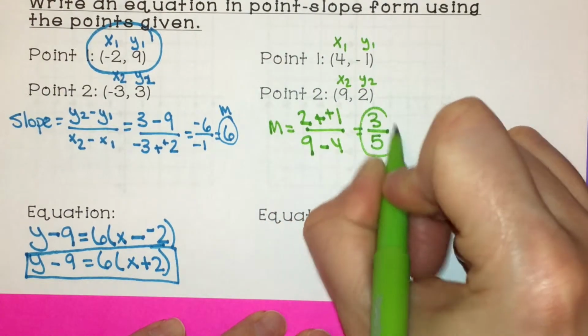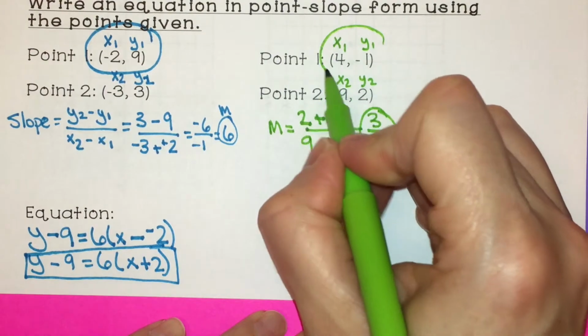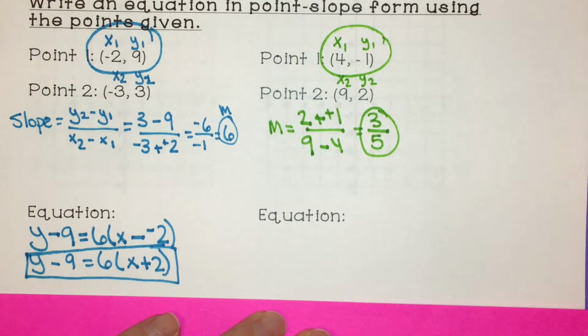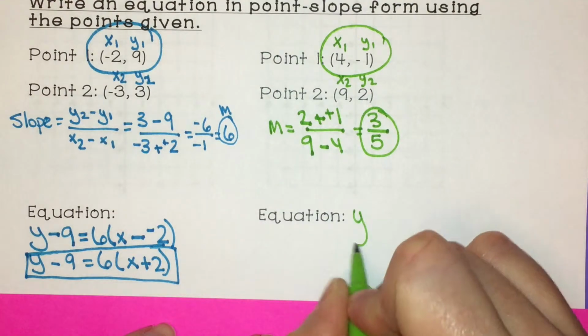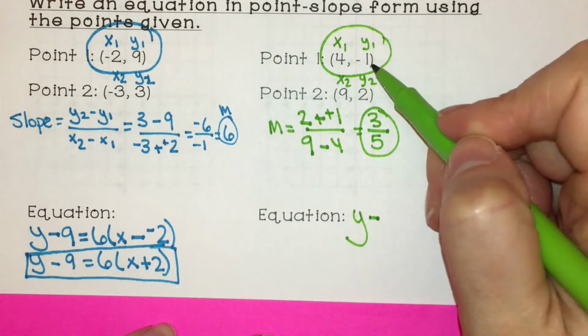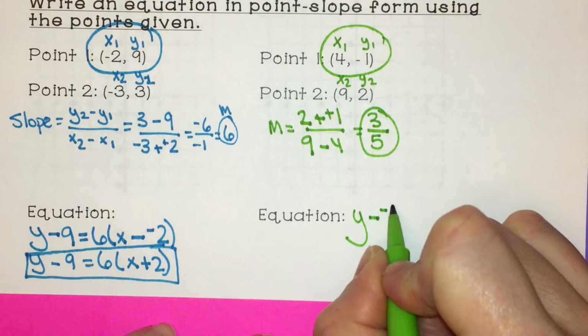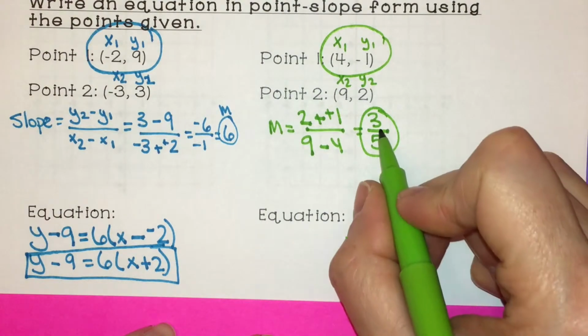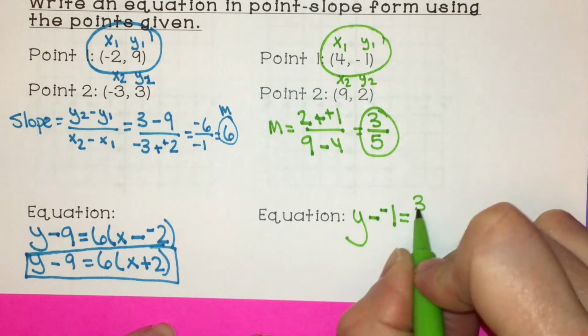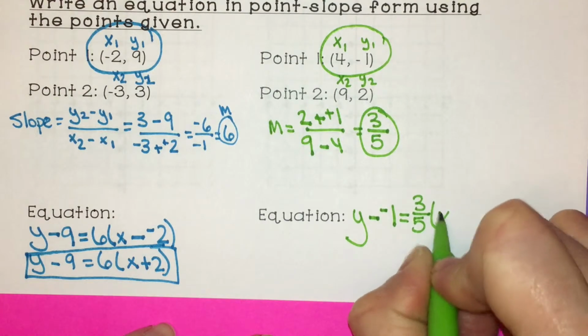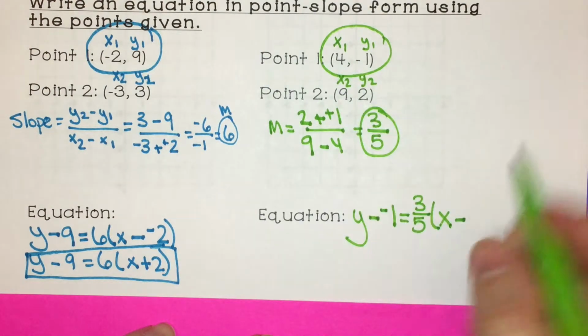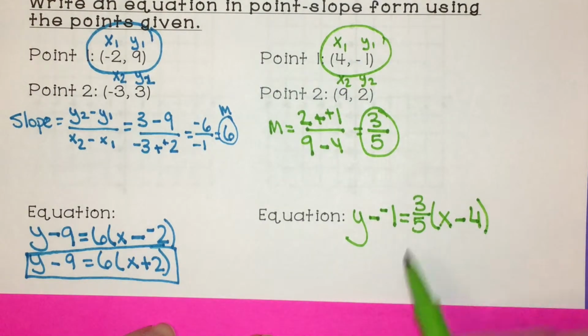So we know the slope, and we have the value of our points. So plug it into that formula. Y minus y sub 1 is negative 1 equals m, 3/5, times x minus x sub 1 is 4. Again, I'm going to simplify minus a negative to plus a positive.